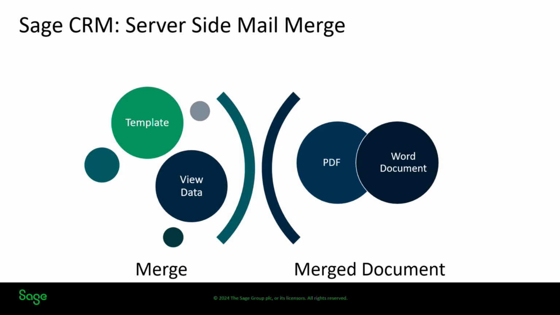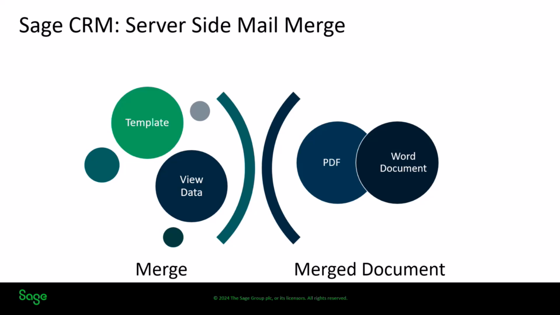Now, Sage CRM lets you create the mail merge using either an MS Word or an HTML template to generate the document, and you can choose the final format that you're going to generate as either a Word or a PDF document. We can use pre-made Word documents, or you can create new ones with formatting that you create yourself using HTML.